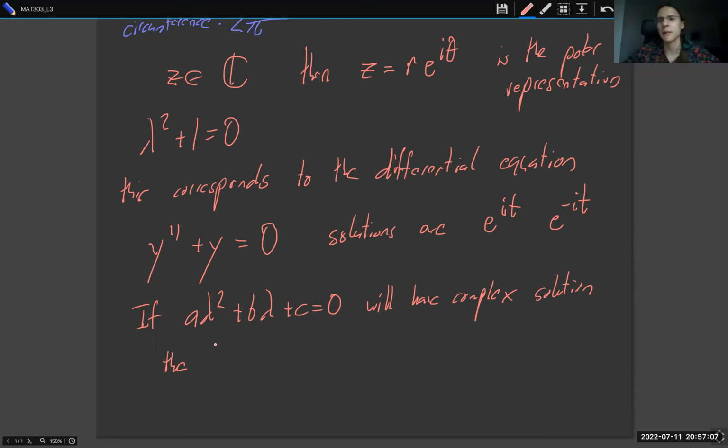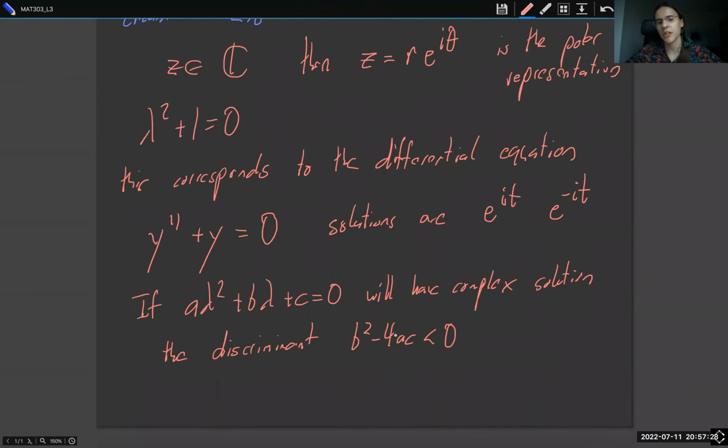Okay, I guess in some places they call it delta, but I like to call it the discriminant. The discriminant is the expression b squared minus 4ac, and it is less than 0, because if it's less than 0, then in the quadratic formula you're going to be taking the square root of a negative number.